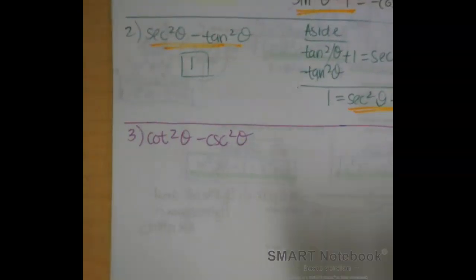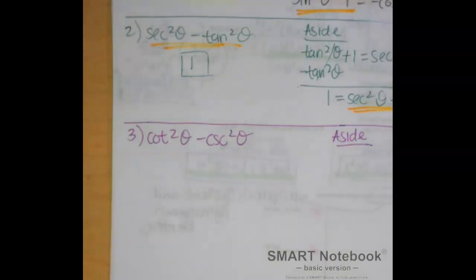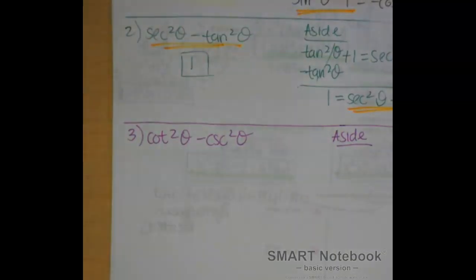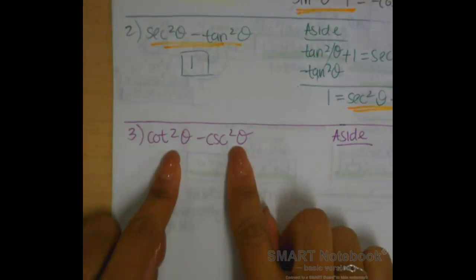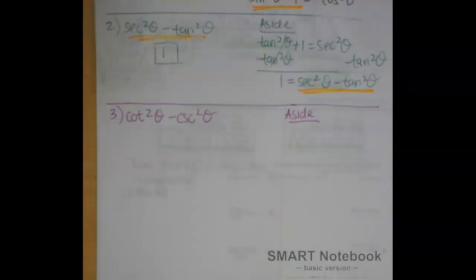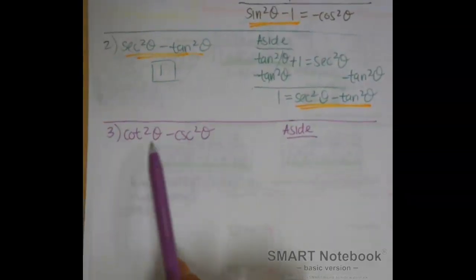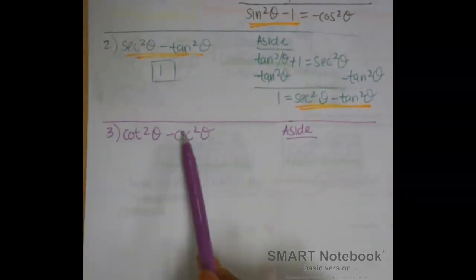I want you guys to try it out. Look back on the first page of this, the front side, and see which of the 3 Pythagorean identities, because I see some things are being squared, which of the 3 Pythagorean identities can you use to simplify it? Chelsea, looking on the first page, which of the Pythagorean identities have the cotangent and cosecant?